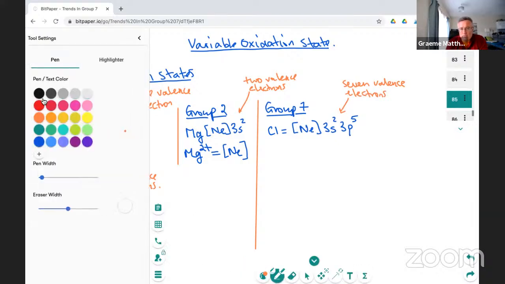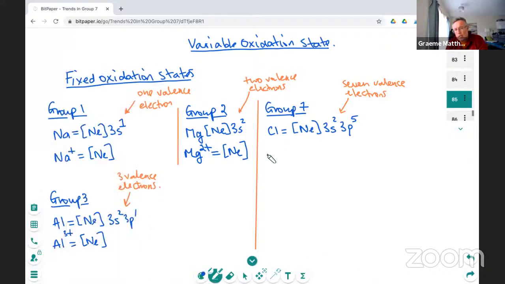All right, so back into Air Force Blue, as I like to call it. So the oxidation state, the charge on chloride is -1. And so you're thinking, right, this would be neon 3s2, 3p6, which is isoelectronic to argon.